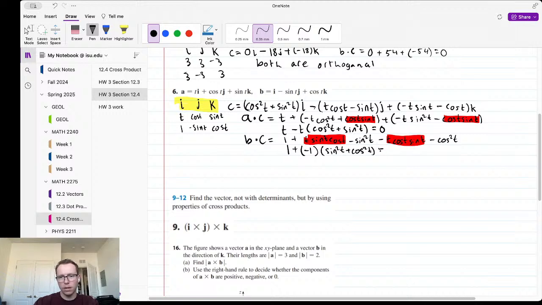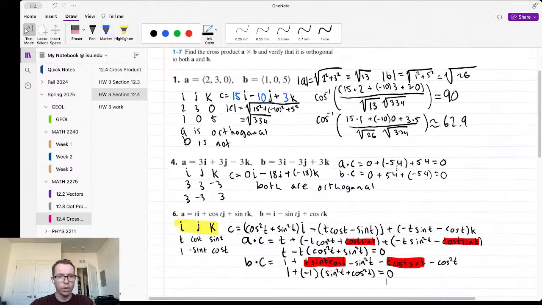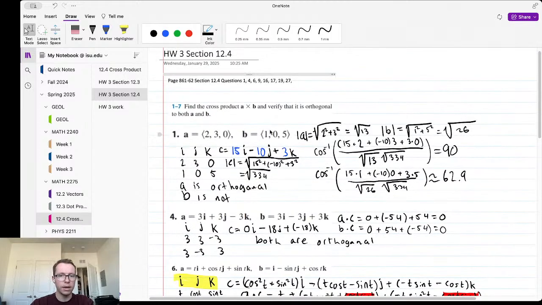So this is 1 minus 1, which is 0. And when it's 0, we know the cosine of 0. Well, hold on. We know that the cosine of 90 is 0, which is what we're looking for. So we're trying to define if it's orthogonal between A, B, and the A cross B.